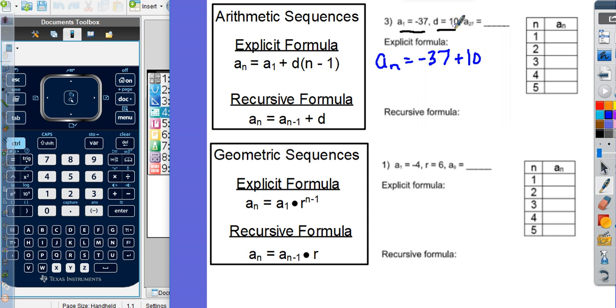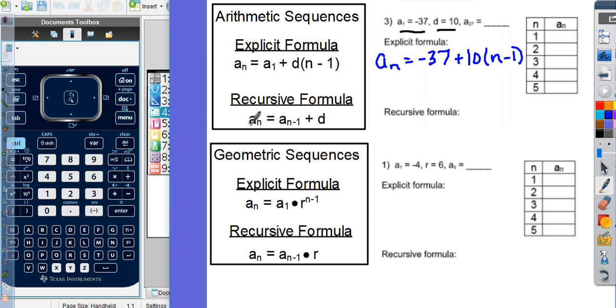If this was a negative, you could either put plus a negative 10 or minus 10, either way. And then we have n minus 1. They have not told us n as of right now. So we're just creating our formula. Until I have a number right here, we don't put a number right here. All we're doing is putting the formula.